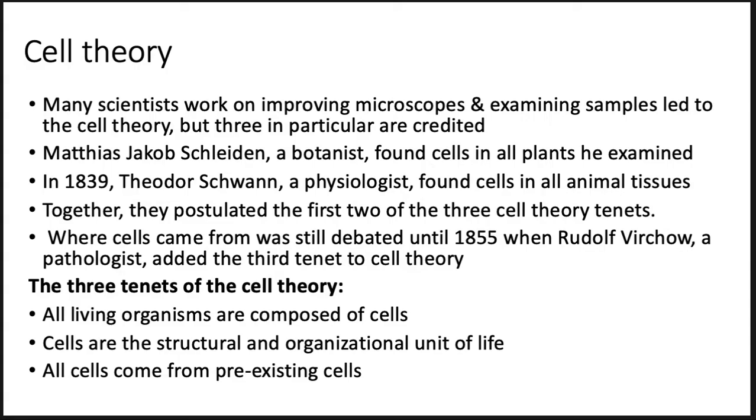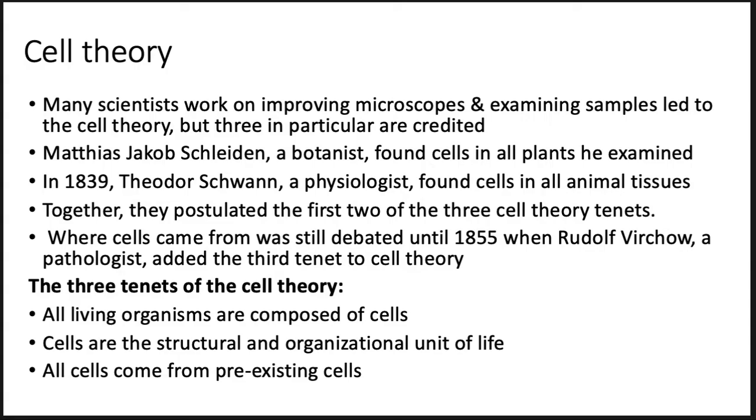And this might not sound impressive to you, but you have to get really thin slices of these tissues, plants and animal tissues, to be able to examine them under the microscope. And you have to have a pretty good microscope. So it's actually pretty impressive.